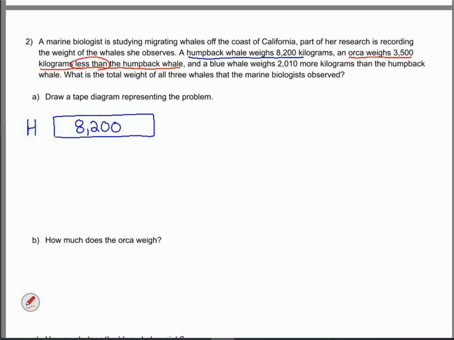That "less than" is a clue. It sounds like a subtraction problem. So I'm just going to put an O for orca. And its bar would be smaller because it weighs less. I don't know what it weighs yet, but I do know if I take away that number they told us, 3,500, then I will know what the orca weighs.